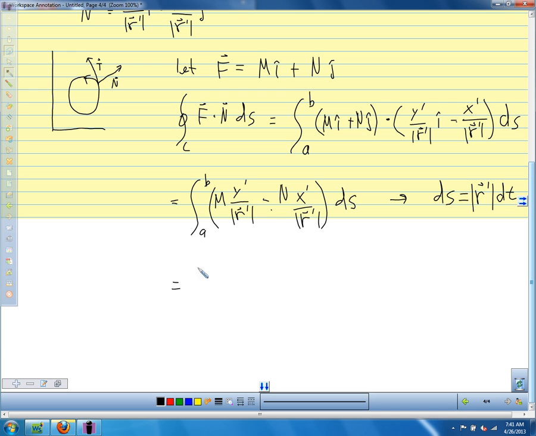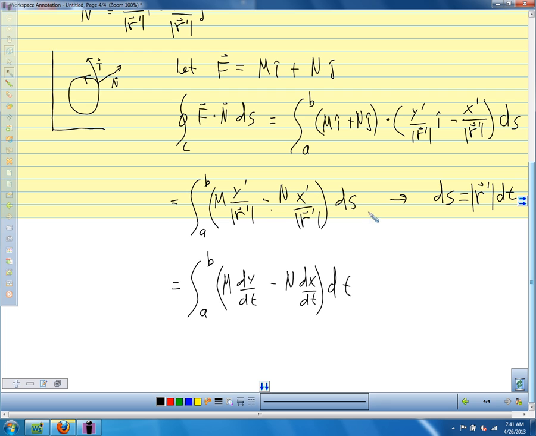So our integral equals the integral from a to b, the r primes cancel, and I get m dy/dt minus n dx/dt dt. See where we're going now? Y prime is dy/dt.